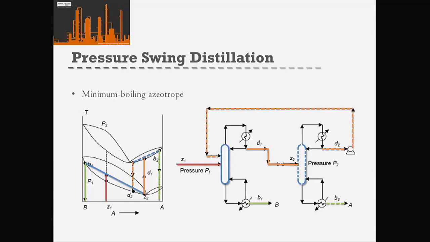So what we've done there is we've simply used the fact that if we change the pressure, we can move our azeotrope back and forwards in terms of composition to just jump around our azeotrope.